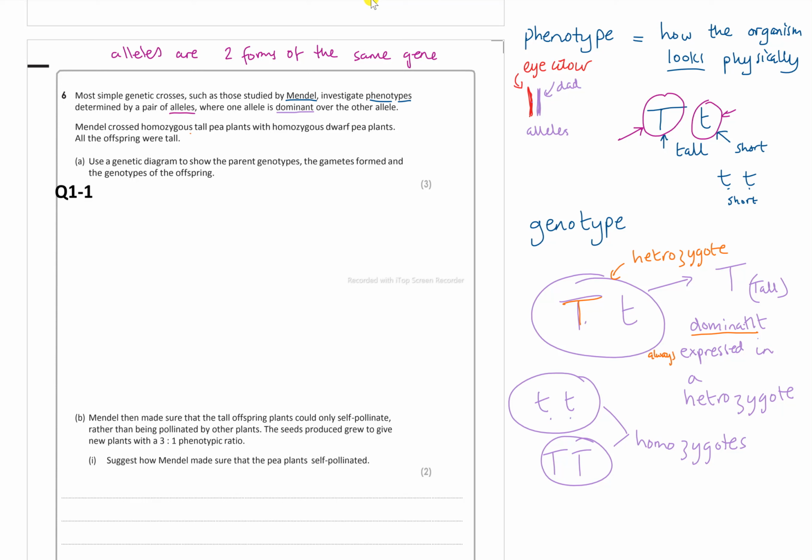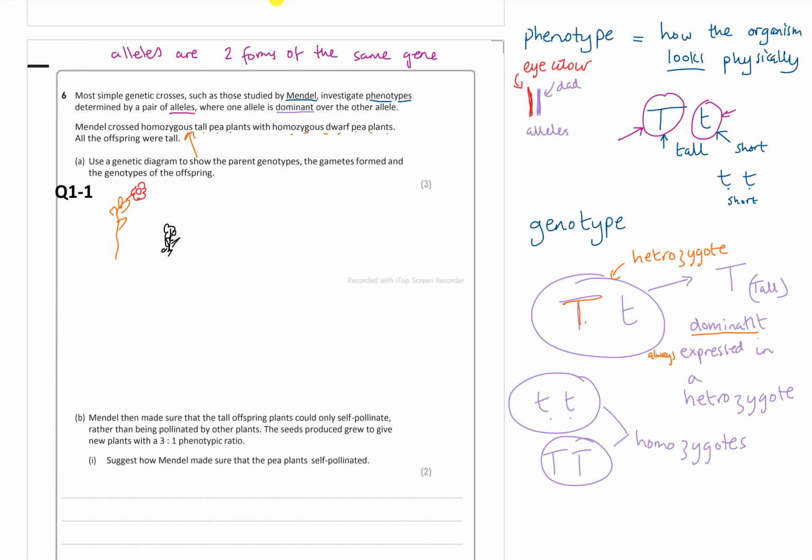Mendel crossed homozygous tall pea plants with homozygous dwarf pea plants. So let's do it here. What happened was you've got a tall pea plant with little flowers, and you've got a short pea plant with flowers.